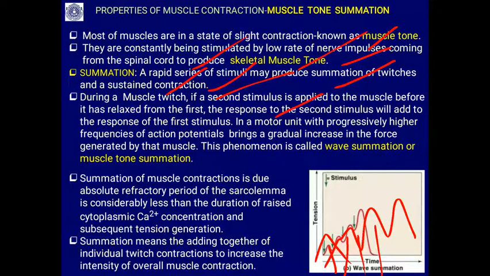Summation of muscle contraction is due to the absolute refractory period of the sarcolemma being less than the duration of the cytoplasmic calcium concentration and subsequent tension generation. So there is no time to pump the calcium back into the sarcoplasmic reticulum before another stimulus is applied. Adding together two or three stimuli is called summation.